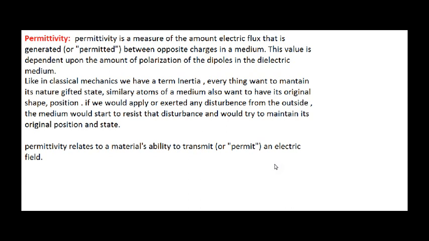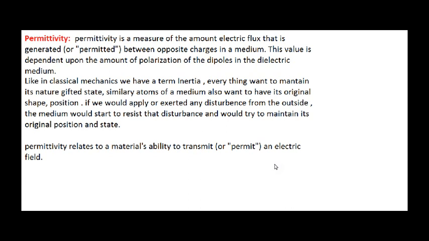Similarly, everything wants to maintain its position and resists external perturbations and forces. Atoms are also tiny bodies, and they also want to keep their original shape and position.